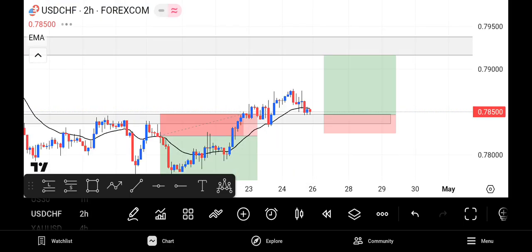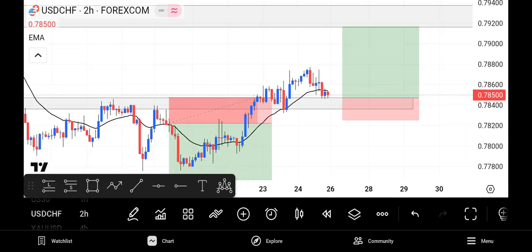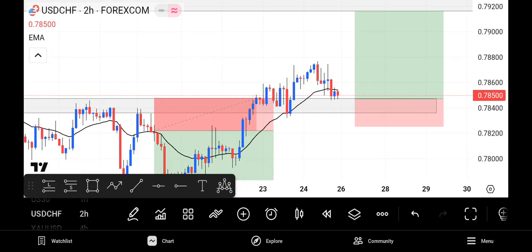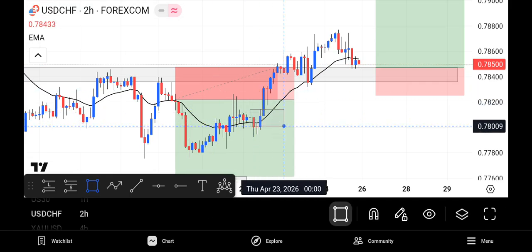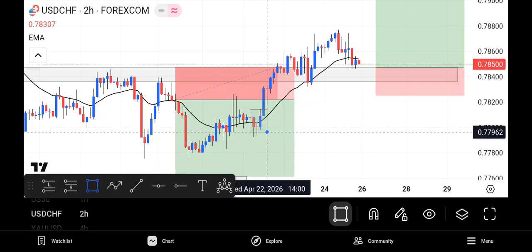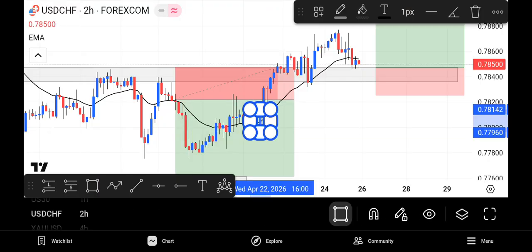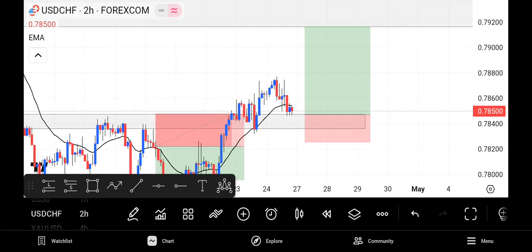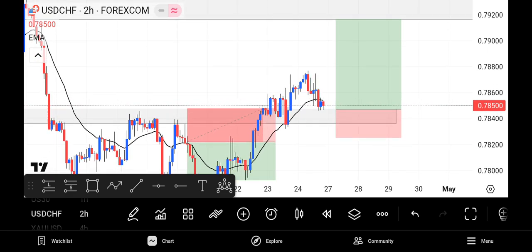I'll be entering the trade on the 2 hours time frame only if I have a clear confirmation, a bullish candlestick or something like a morning star formation candlestick, for me to take the buy on USD CHF. So that's all about it for USD CHF.